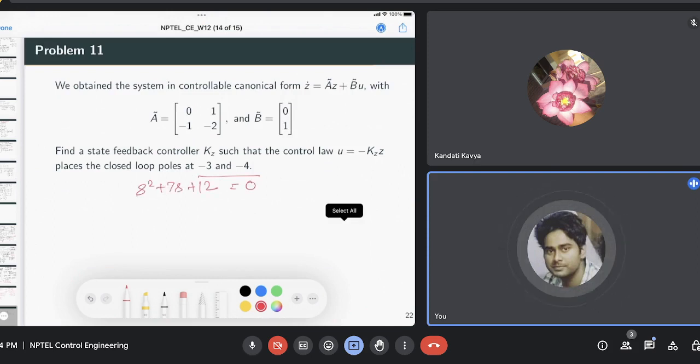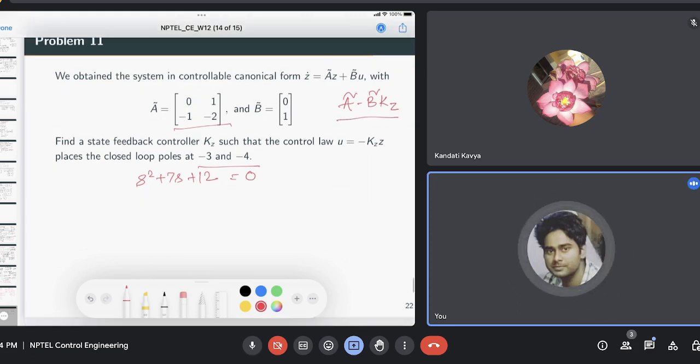From the controllable canonical form you can easily guess this A tilde minus B tilde K, which I am denoting with KZ, to distinguish it from the original one in the X domain. So what will this matrix be? This matrix will be 0 1, minus 1 plus KZ1, and minus 2 plus KZ2.